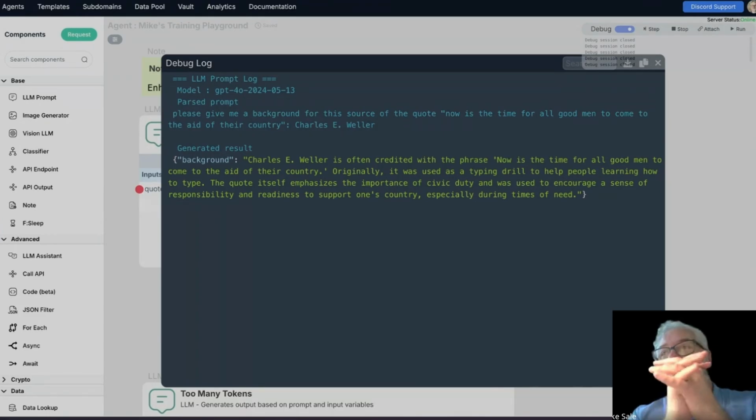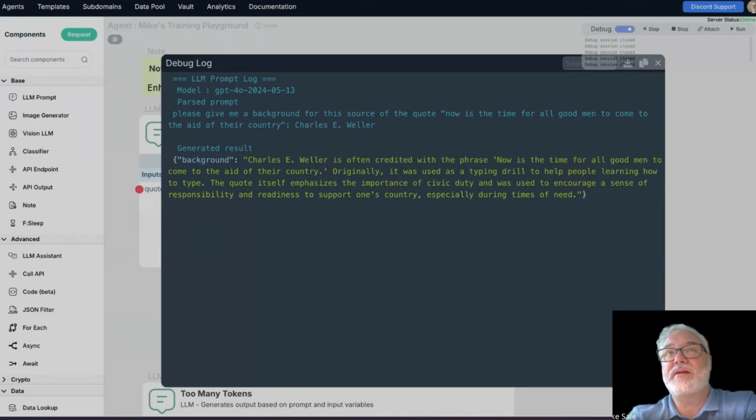I'd like to see someone put some example prompts to replace it. Give me a background for this source of the quote, da, da, da, and then Charles E. Weller. Please, folks, it's really important that you engage with the material here. And there is a right answer, but there are plenty of right answers, let me put it that way.